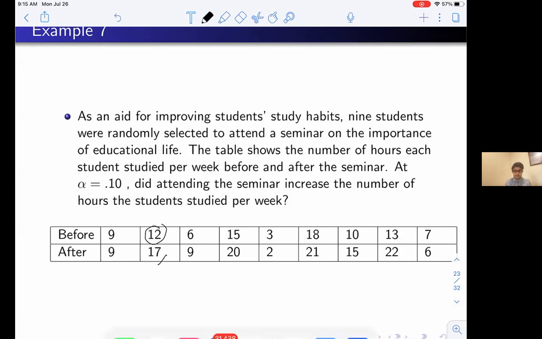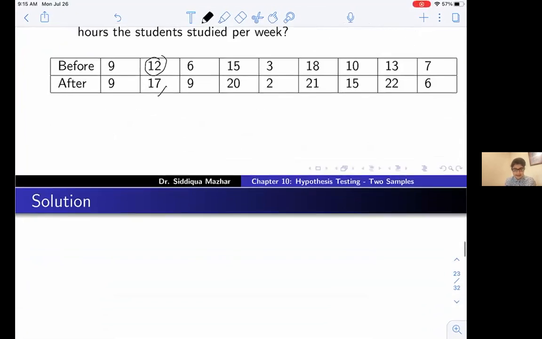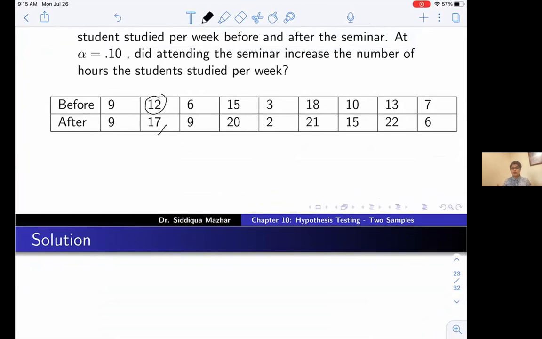This is how we are writing all the values of number of hours for the studies per week for each student. Now we have to check what the difference is, how the seminar has been affecting them, and how useful it is. So now we have to calculate the difference.